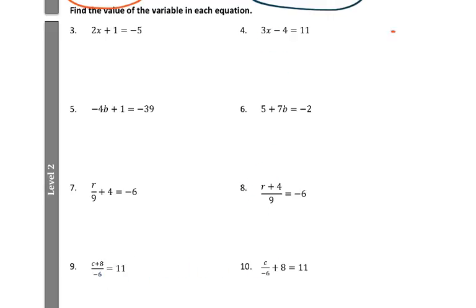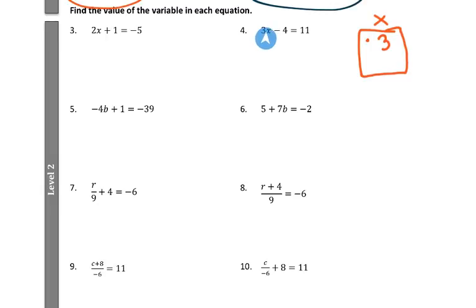So here we go. Question 4. I'm going to draw my box of doom. I'm going to look at my equation and see, which variable am I solving for? Well, I'm solving for x, so let's label that right here. Start with the x, and the closest number to it is this 3, so I know that x is being multiplied by 3 first. Again, I know it's multiplication because there is no sign written here.